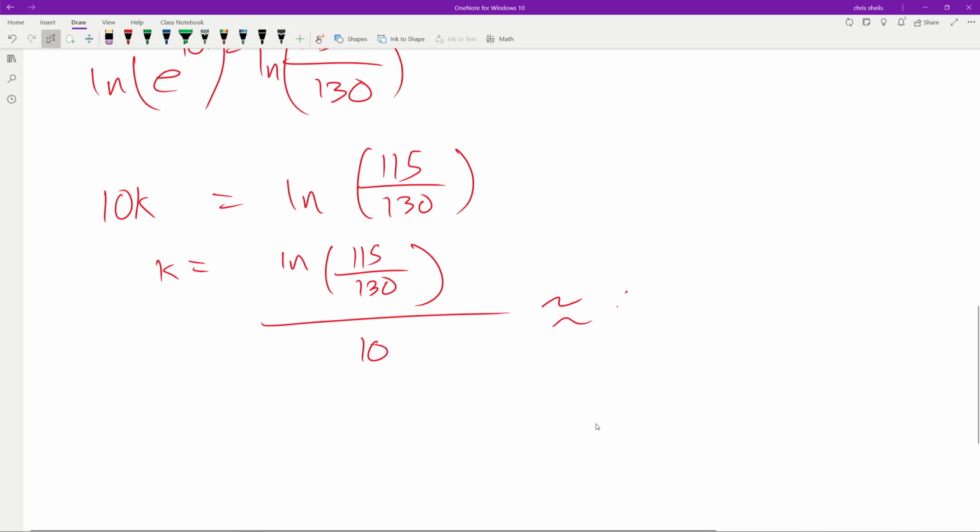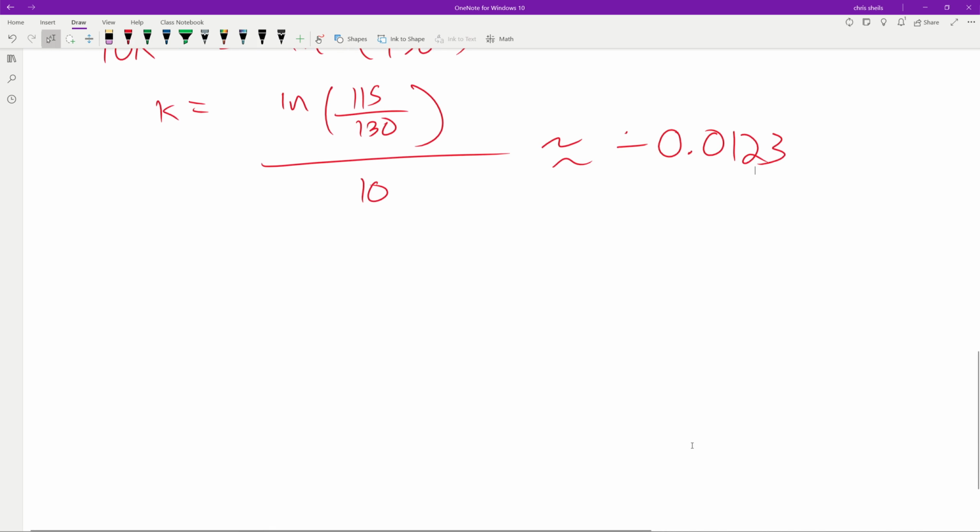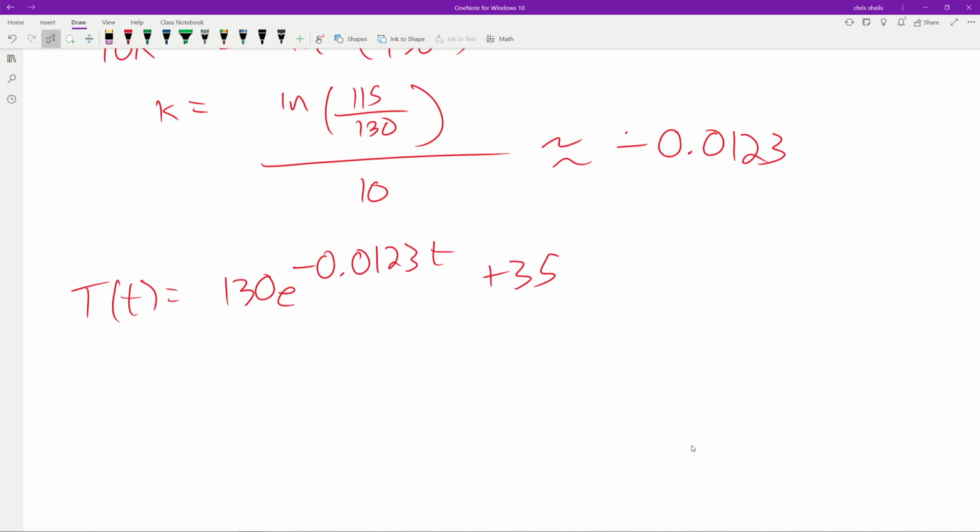Which is about negative 0.0123. This means that our equation for cooling is T of t equals 130 times e to the negative 0.0123 t plus 35. And I want my temperature to be 70 degrees before I can eat it, so I'm replacing the left-hand side with 70. Now I can actually solve for t.